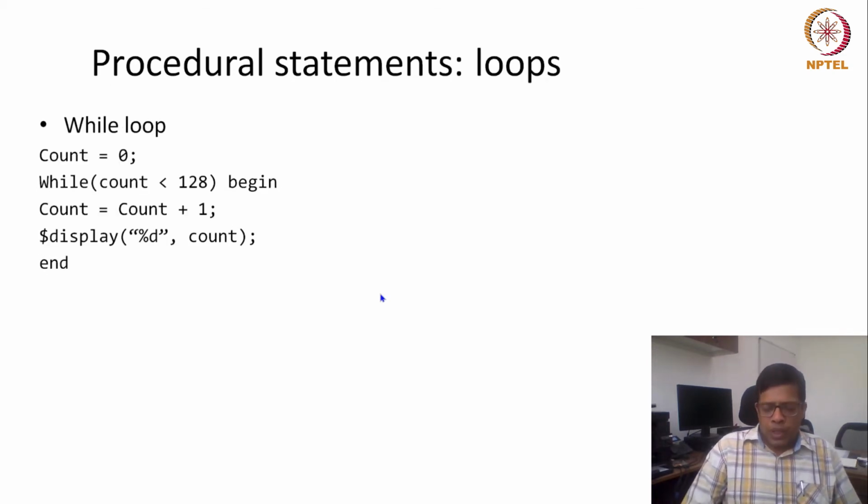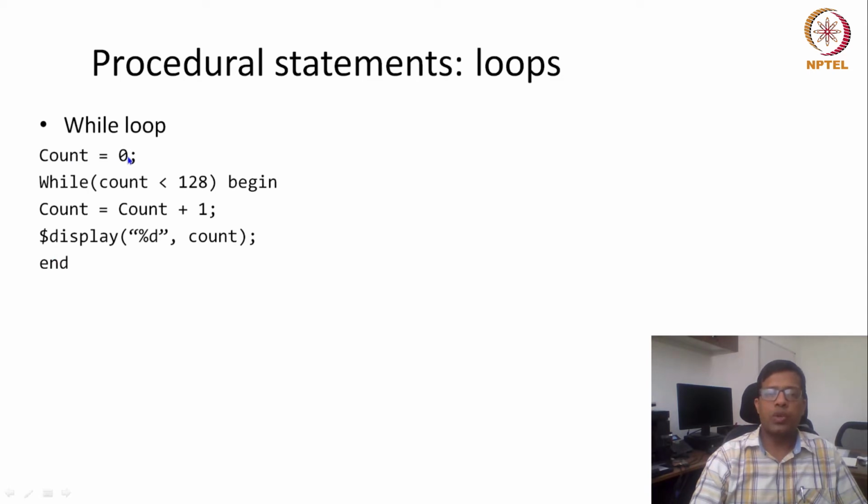Now, the other set of statements in procedures are loops. There could be multiple types of loops. While loops: in a while loop, we write a condition, we initialize, and after that we say that this loop will keep on running until this condition is true. For example, here we are saying while count is less than 128, we will keep on running this procedure.